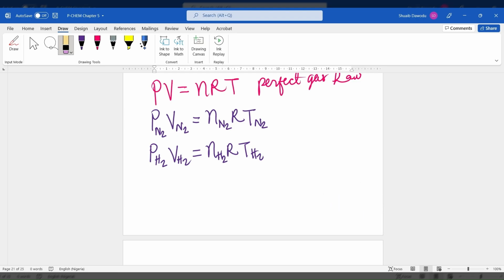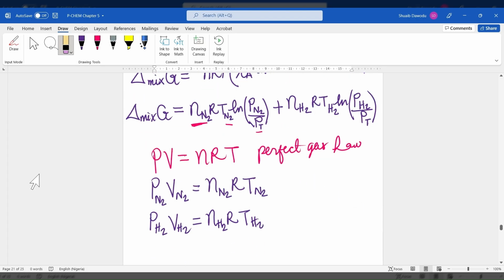And when we apply our knowledge of algebra, we can completely substitute nRT for nitrogen to be PV for nitrogen, as well as we can substitute the nRT here for hydrogen to become the PV of hydrogen. So this is what I'm trying to explain.